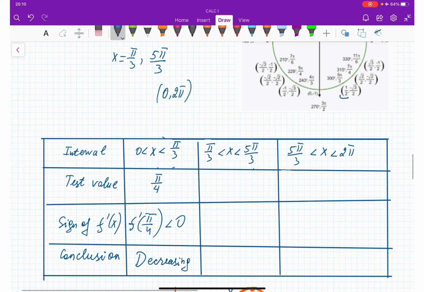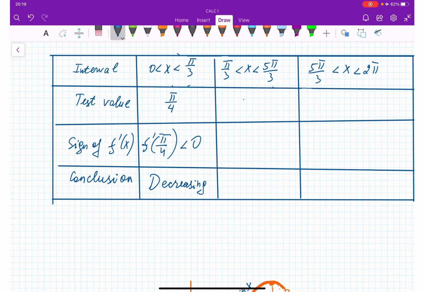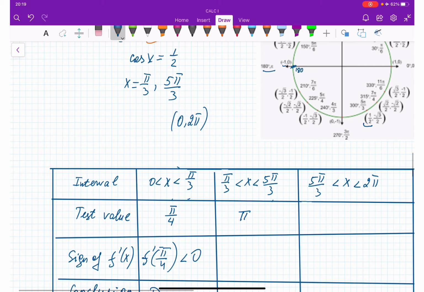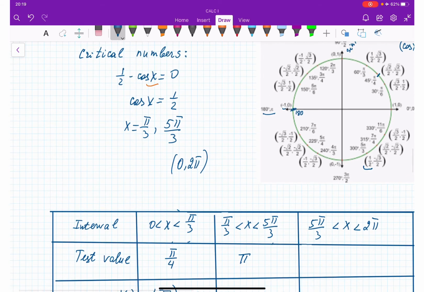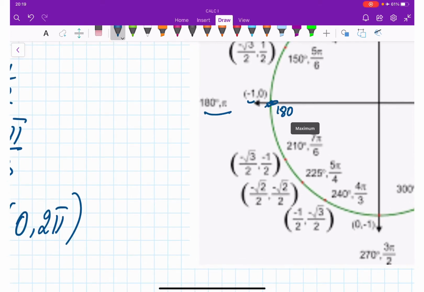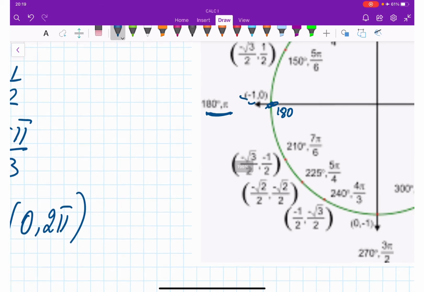In between 60 and 300 degrees, which is 5 pi over 3, I'm taking pi. So if we plug in pi, here we have cosine pi, this is 180 degrees or pi, it's -1 as you can see, right?